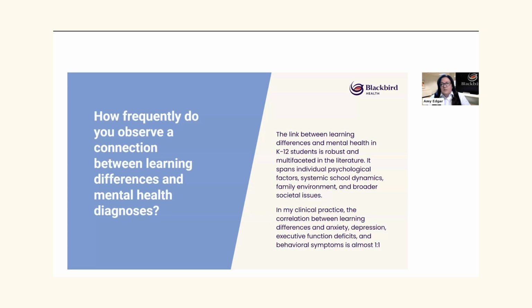The issues in understanding these differences involve looking at all the different contributing factors. There are psychological factors in the individual child, and there are systemic issues in school dynamics and the family environment. Lots of things contribute to the response of a child who is dealing with both learning differences and mental health symptoms or concerns.